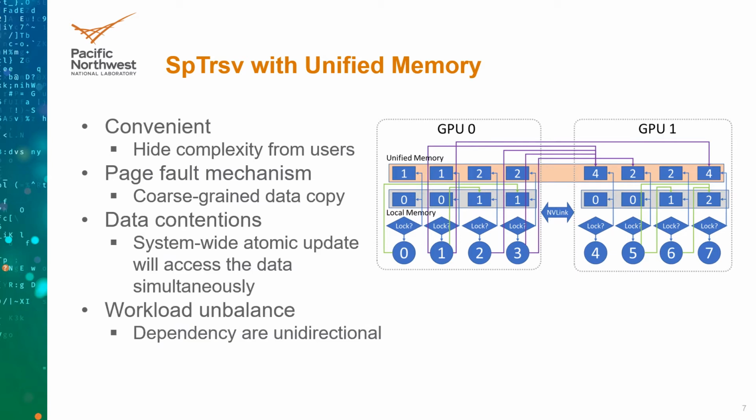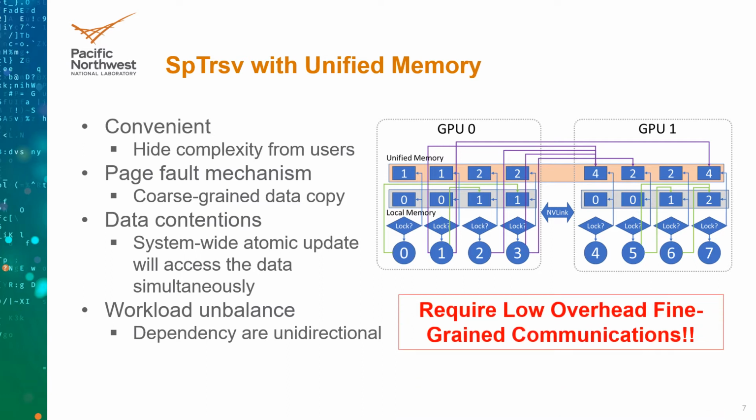First, the system-wide atomic update will access the data allocated on the unified memory from different GPUs simultaneously, resulting in data contention and page faults. Second, the system-wide dependencies are unidirectional, which causes poor workload balance and limits the performance of GPU systems. So we conclude that SpTRSV requires low overhead and frequent communications.